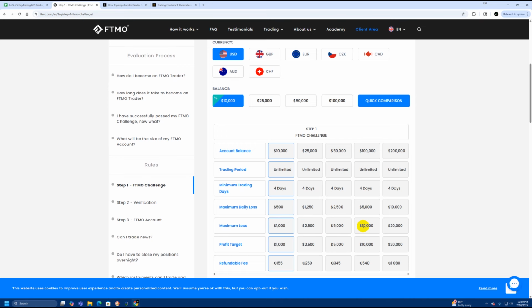So if you wanted to take this challenge and come up with a risk management plan for passing this, then you would take the maximum loss allowed over the trading challenge, $10,000, and let's say we were going to give ourselves, you have a minimum of 4 days, okay, but let's say that we're going to give us a full month to pass this.